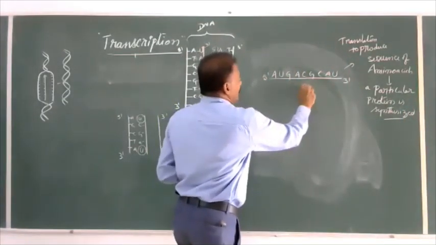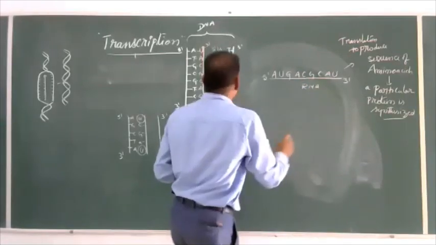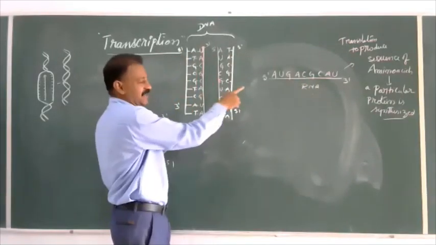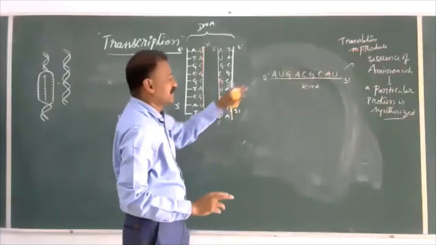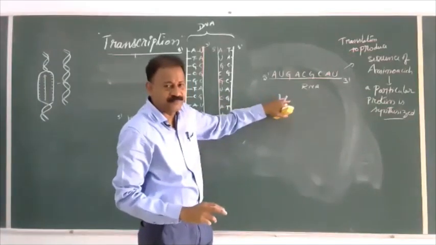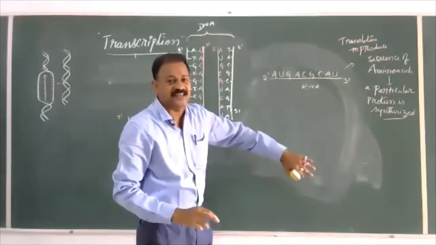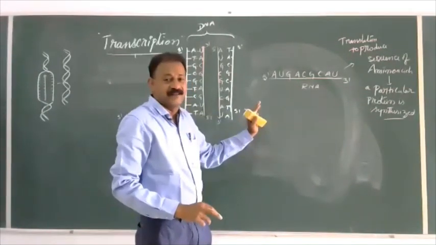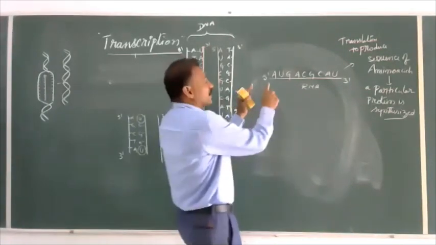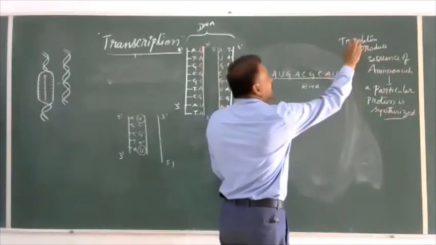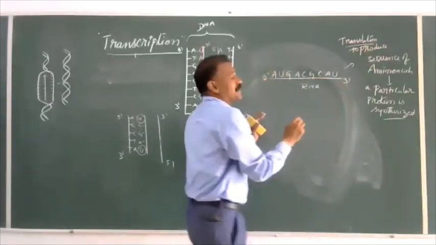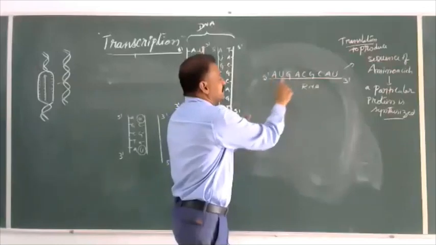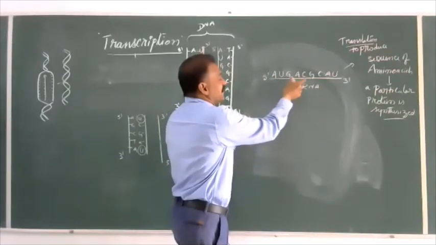The RNA molecule which is produced from one strand of DNA, its function is, after entering into the cytoplasm, with the help of other structures like tRNA, ribosomes and various enzymes, it undergoes a process called translation. Translation means this unidentified language.